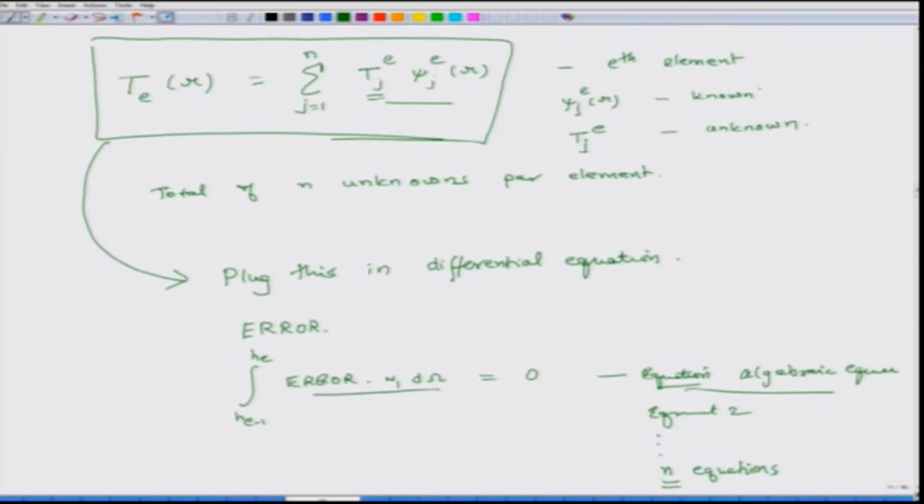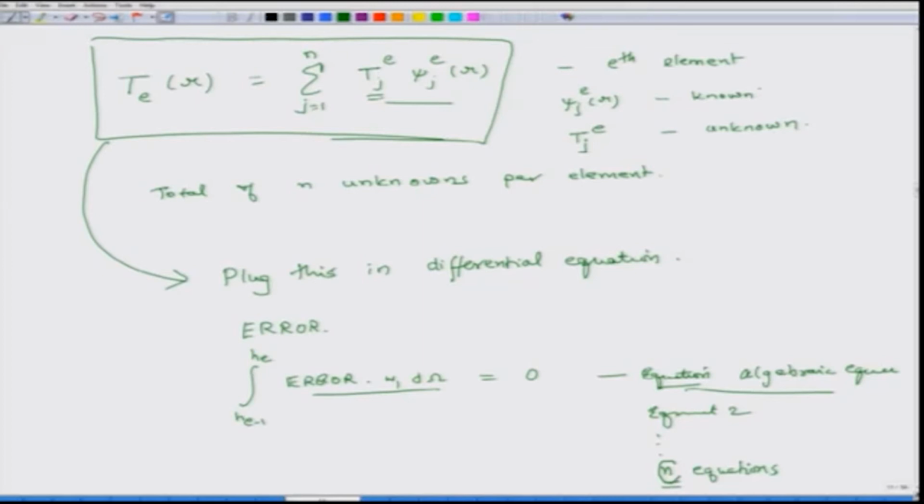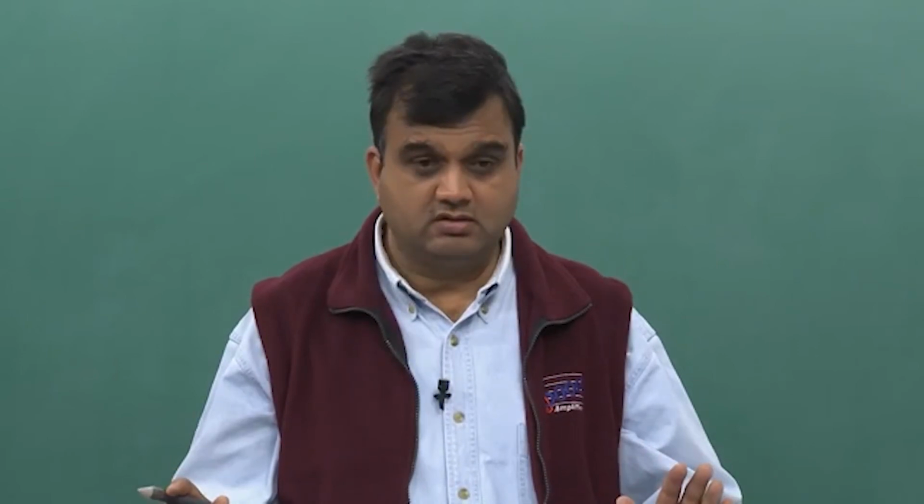Why we do it n times, what is the mathematics, we will learn later, but I am just giving you an overview. So we have small n variables and small n equations. So at this stage we have the same number of unknowns and the same number of equations, okay, and then maybe we will be able to solve that.